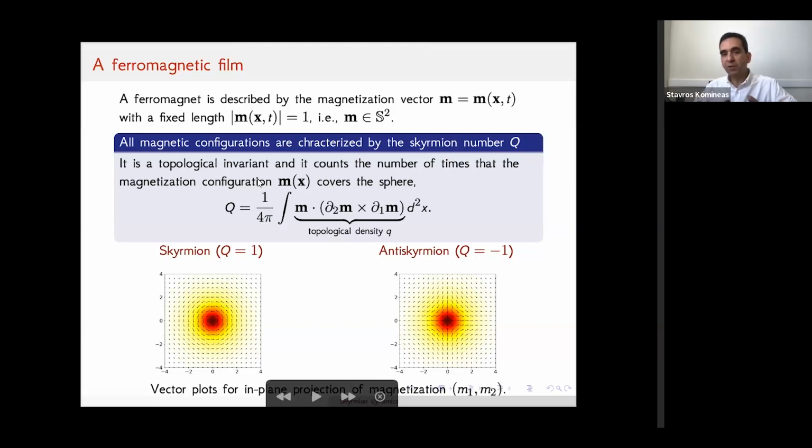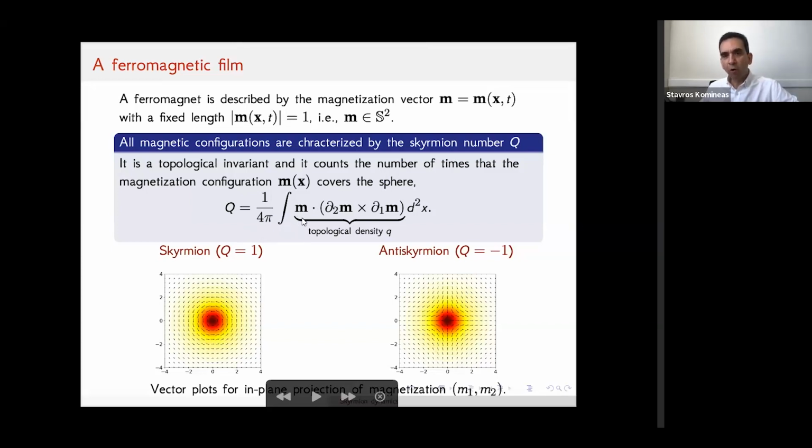What it tells you is this: you have a magnetic film, and in this film the magnetization points in a different direction at every point. You take all these vectors and all of them point on the magnetization sphere. Do they cover the sphere or not? Once, twice, 3 times, etc.? This is an integer number, measured by the skyrmion number Q, which luckily has an integral form.